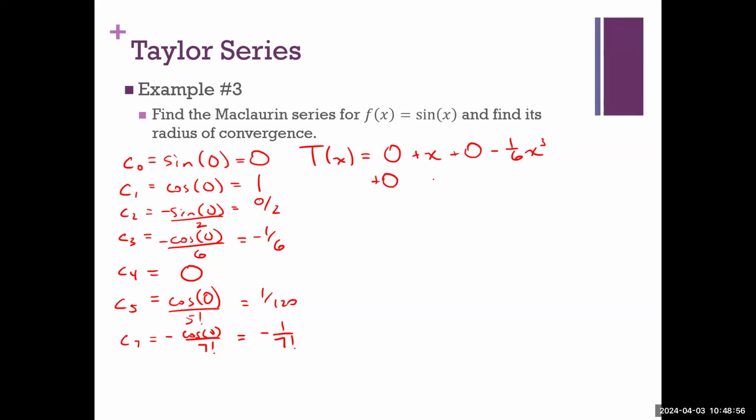Plus 0 plus what? X to the 5th over 120 plus 0 minus x to the 7th over whatever 7 factorial is. All right. So I think we have the first 8 terms.